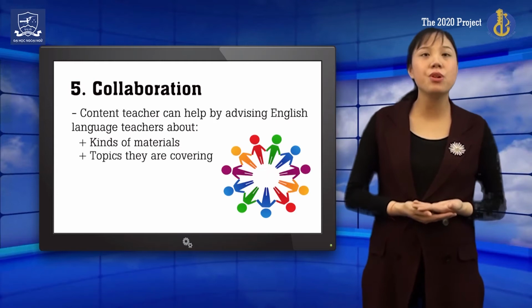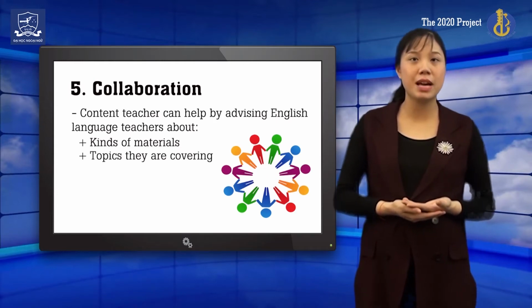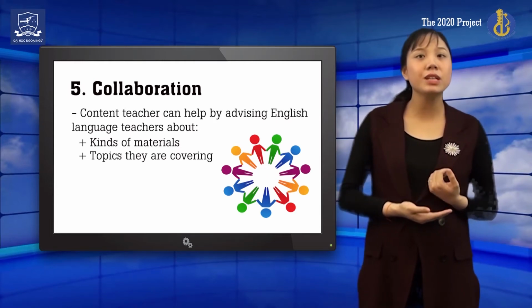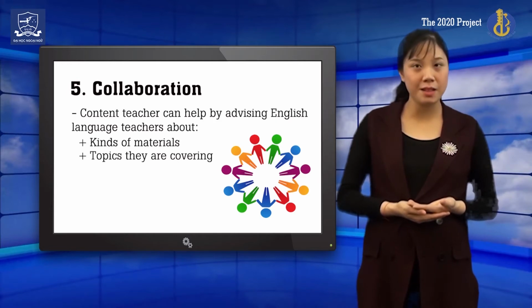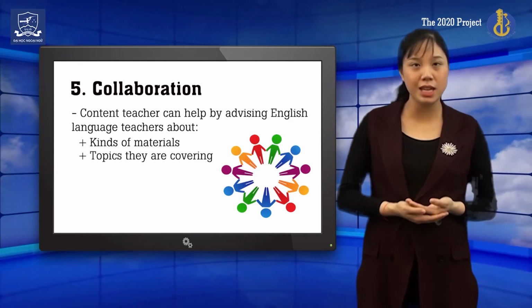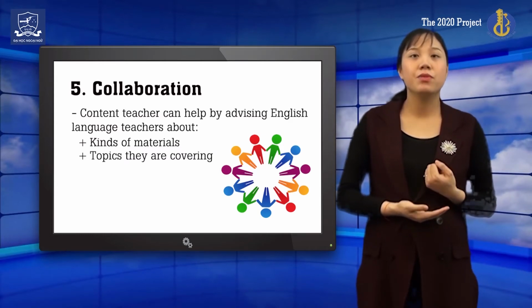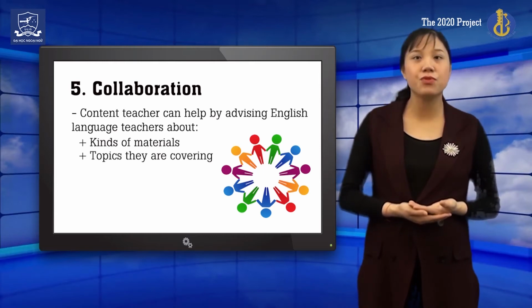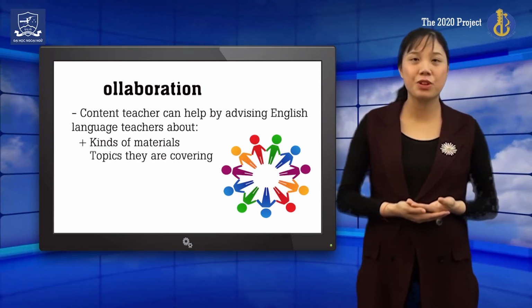It is not the role of the English language teachers to help students understand subject concepts from other disciplines. However, they can help prepare students for these by developing useful language structures, vocabulary, or strategies for reading academic texts, for example.